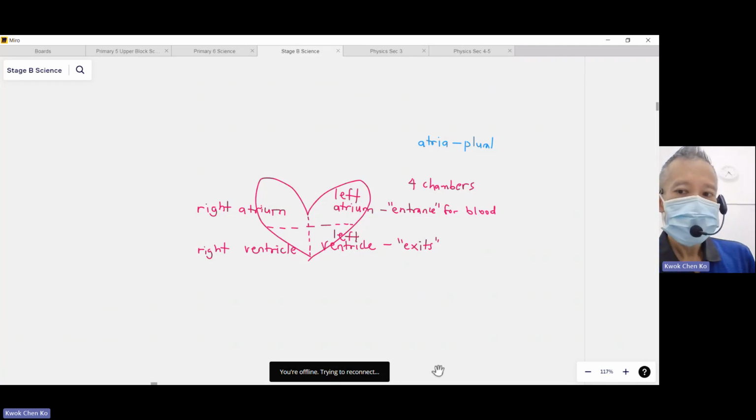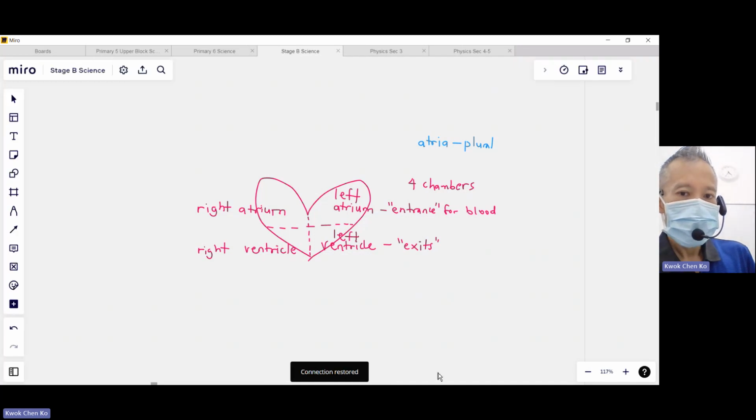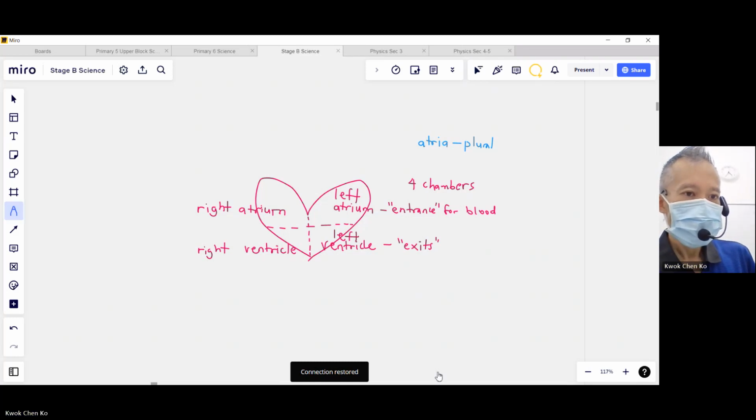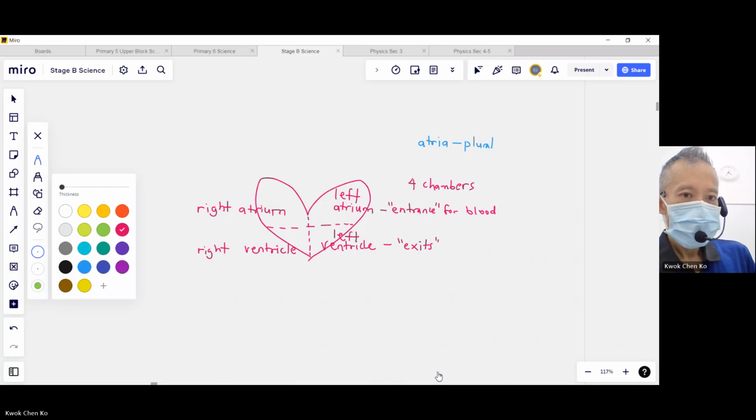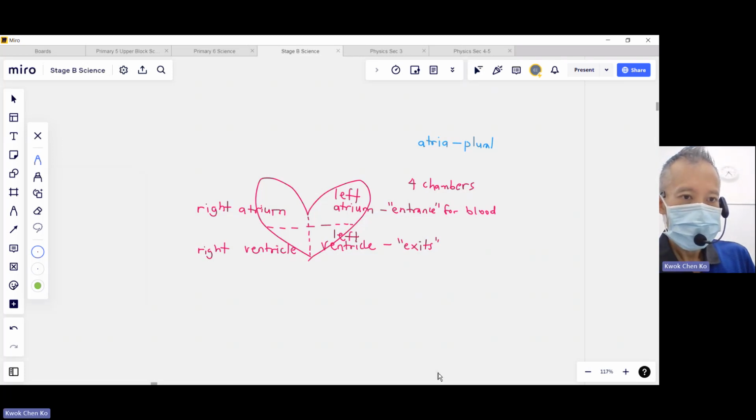Of course, there's one coming up from the bottom, actually from both bottoms. Let me change the color. So there's one coming up here. There's one coming out here. Another blood vessel coming out here.